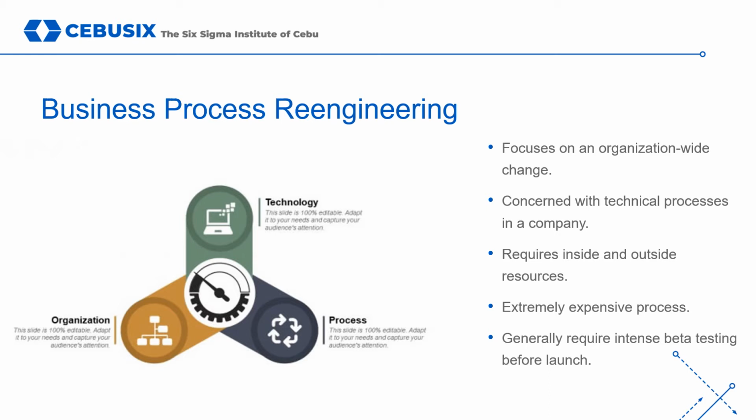Business process reengineering, or BPR, is less concerned with incremental quality wins and more concerned with a radical change across an entire organization or process architecture. It is most often concerned with the technical processes that occur throughout an organization.